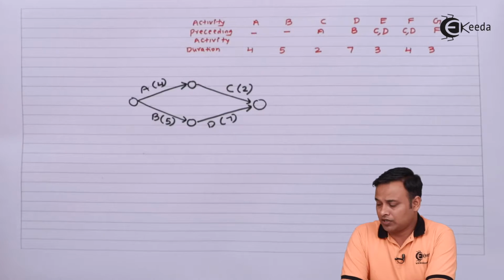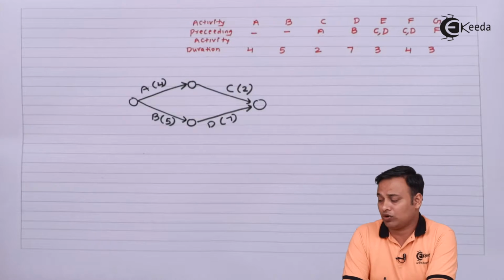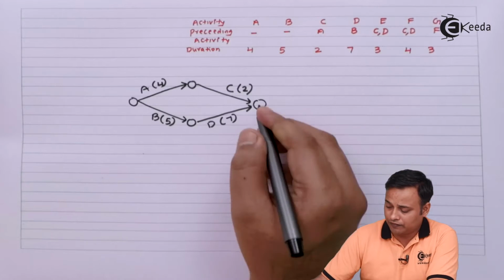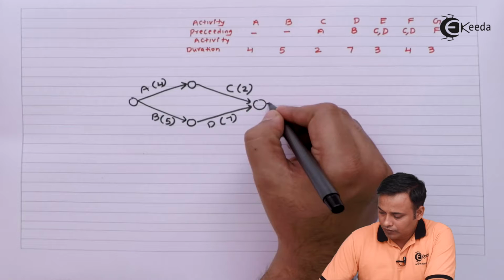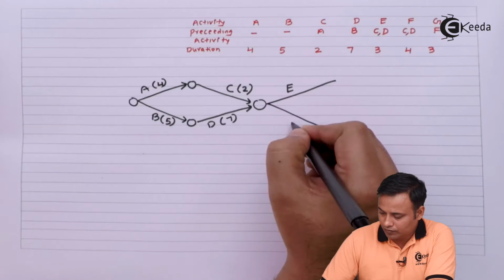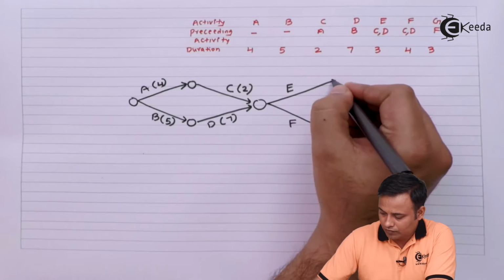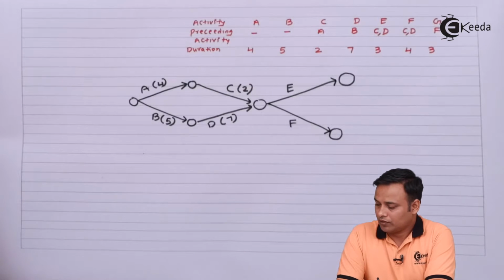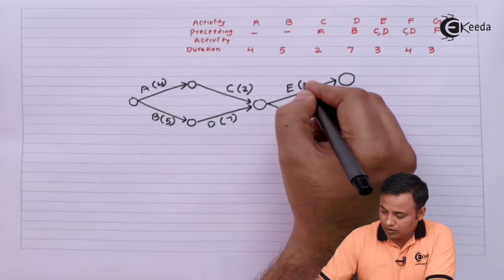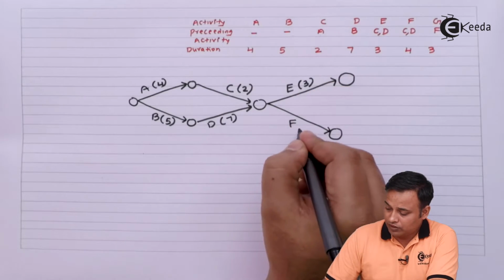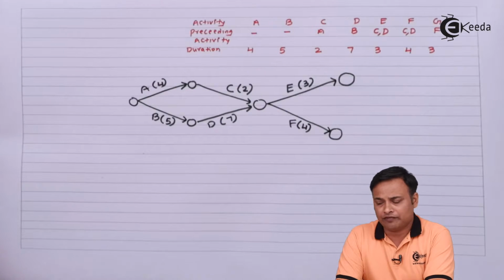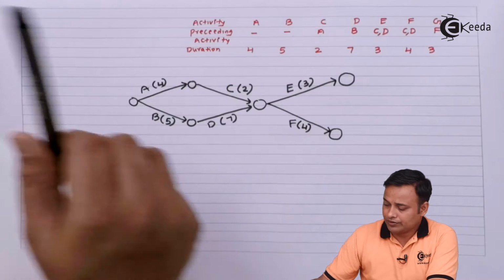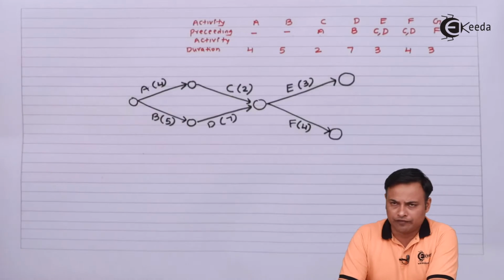And after merging or combining C and D, we have two activities E and F. For E the duration is 3, for F the duration is 4, and now after E and F we have G after completion of F.